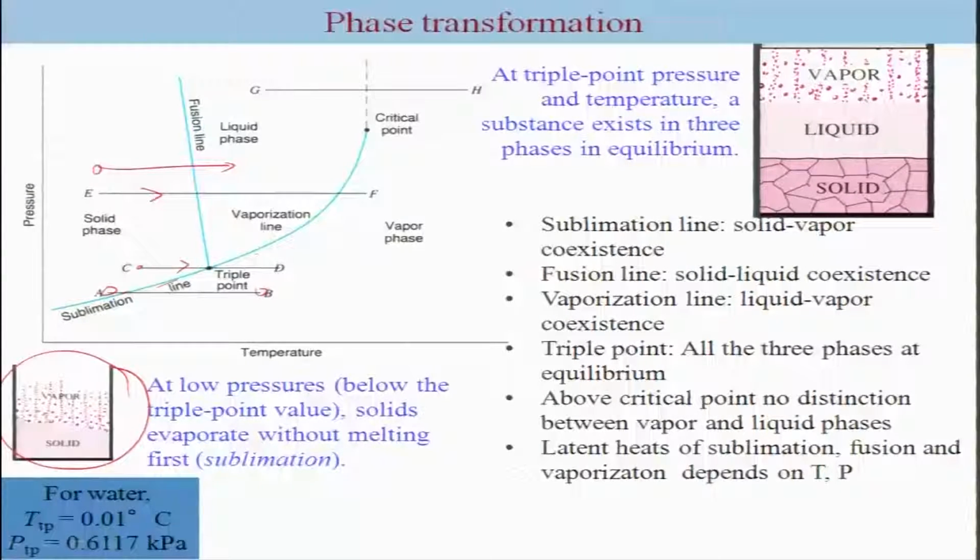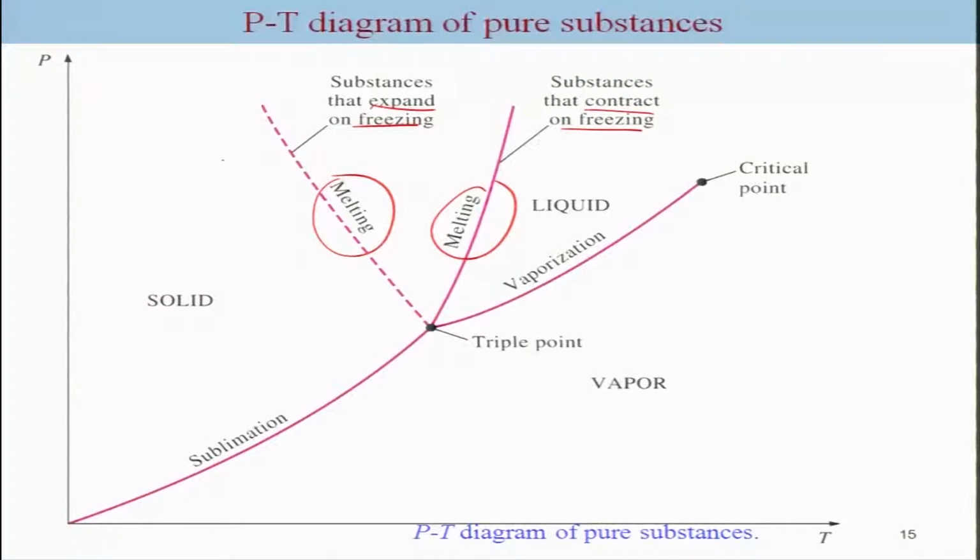Okay. The phase transformation will be a little bit different if you are, let us say, coming from a point here, which is a case for a substance that expands on freezing, in the liquid phase, and you decrease the pressure at a constant temperature: you will reach the solid phase and subsequently the vapor phase. Okay.